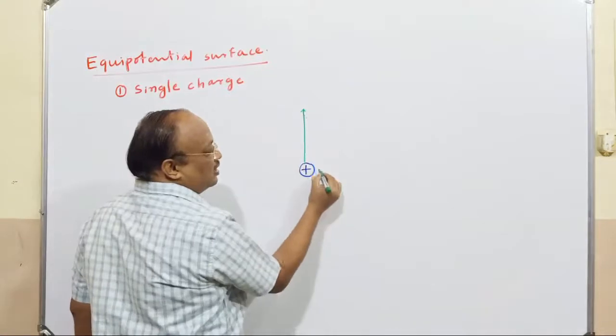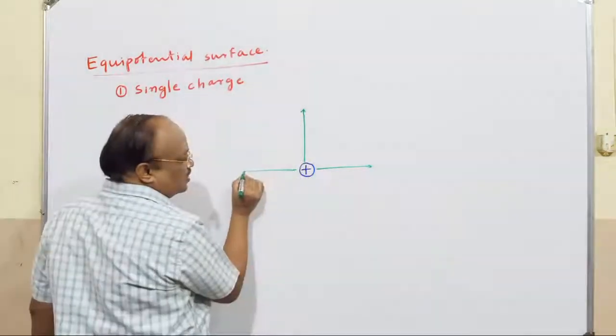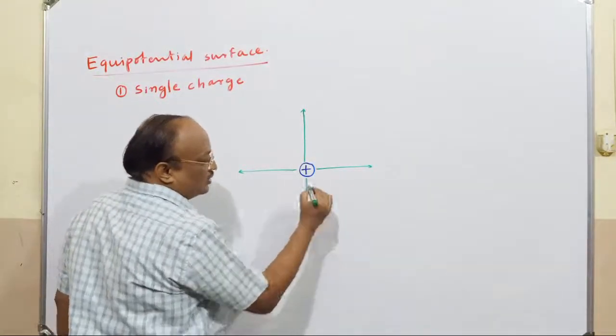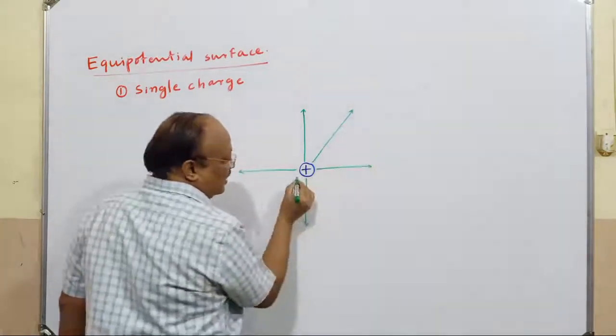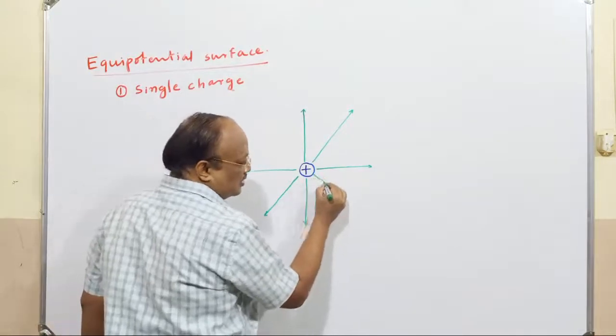Already you have learned, electric lines of forces will be going away from the charge. So these are the electric lines of forces.